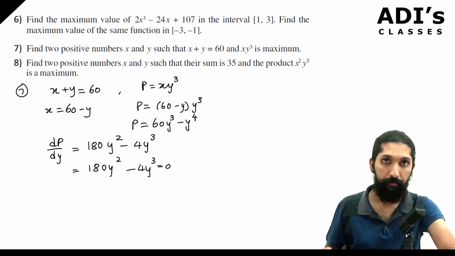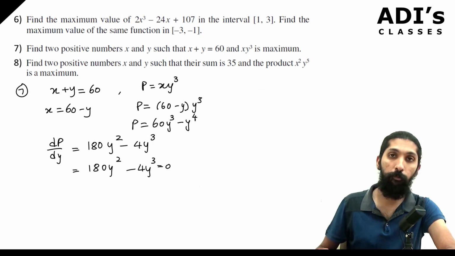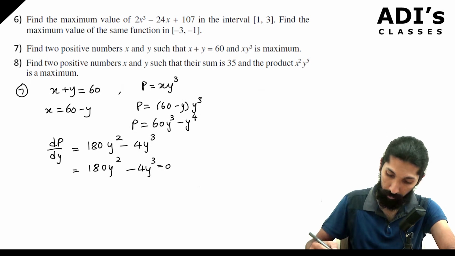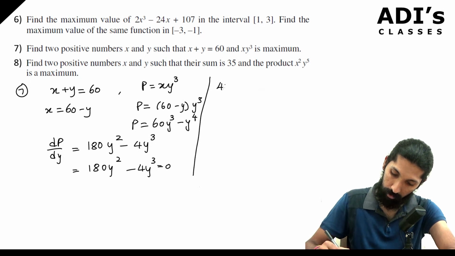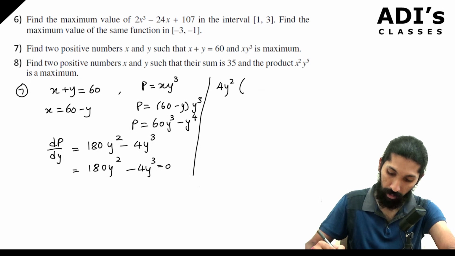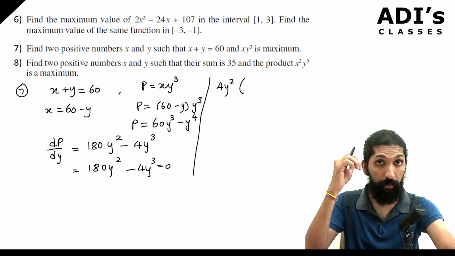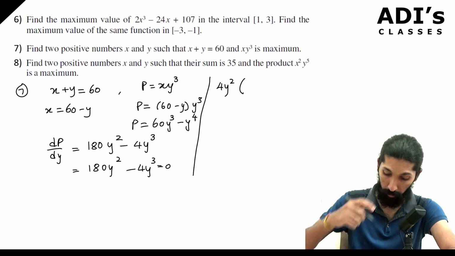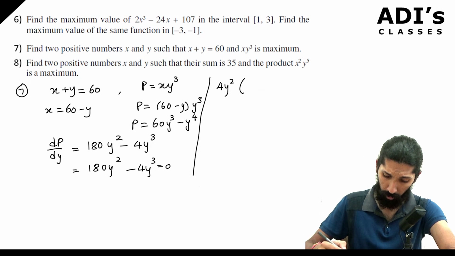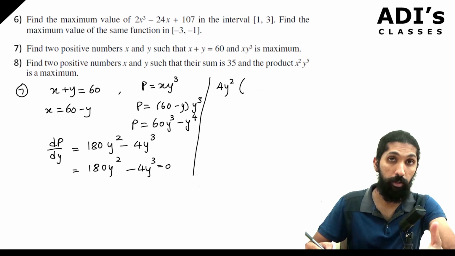Correct? Now you can take 4y square as common. If you take 4y square as common, 180 divided by 4 is going to give you 45.